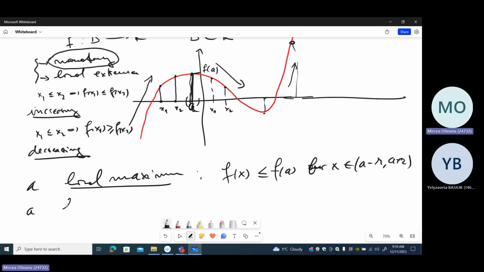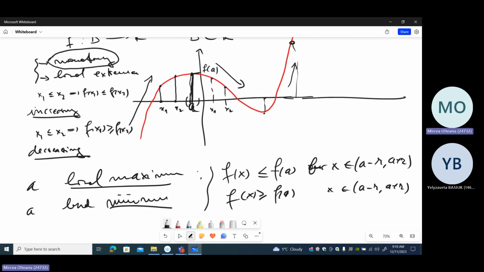A is called a local minimum if f of x is greater or equal than f of a for every x on some interval around the point A.